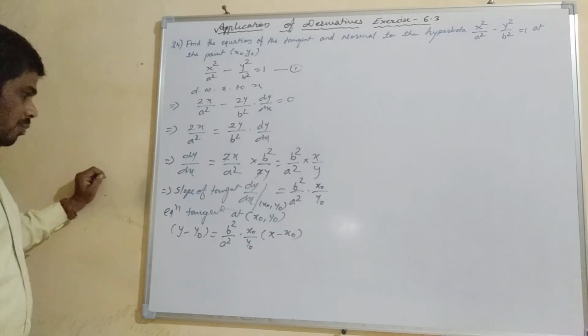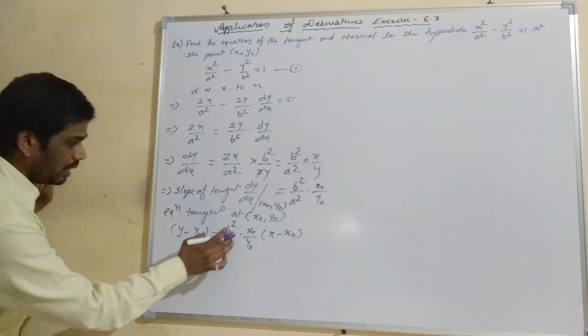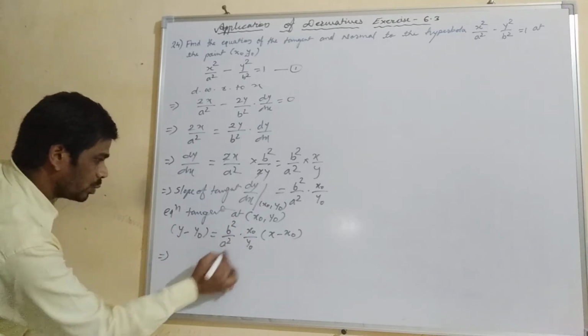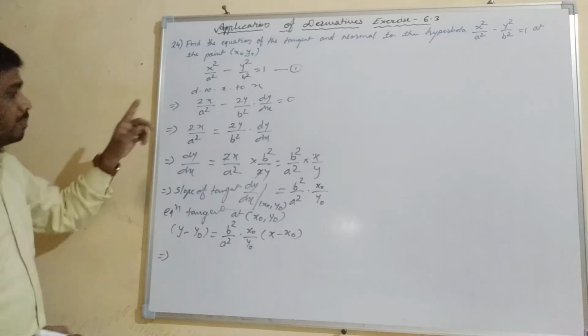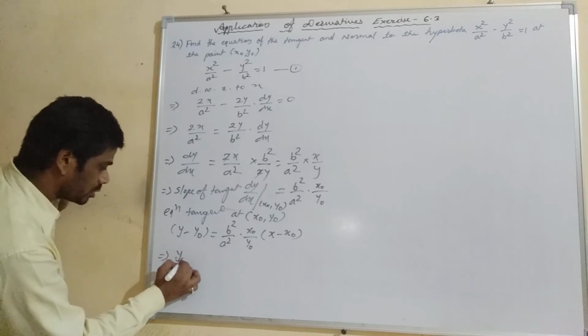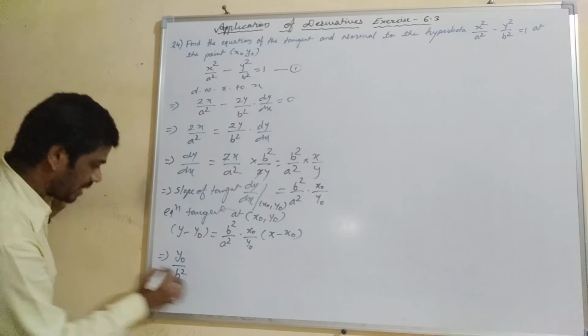Now we have to simplify this equation. For that we will shift this way, means b squared upon y naught, we will multiply by y naught upon b squared this way.